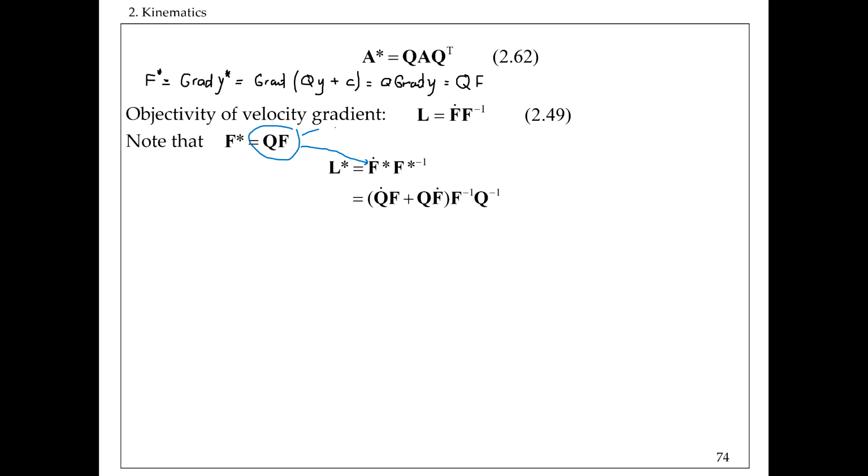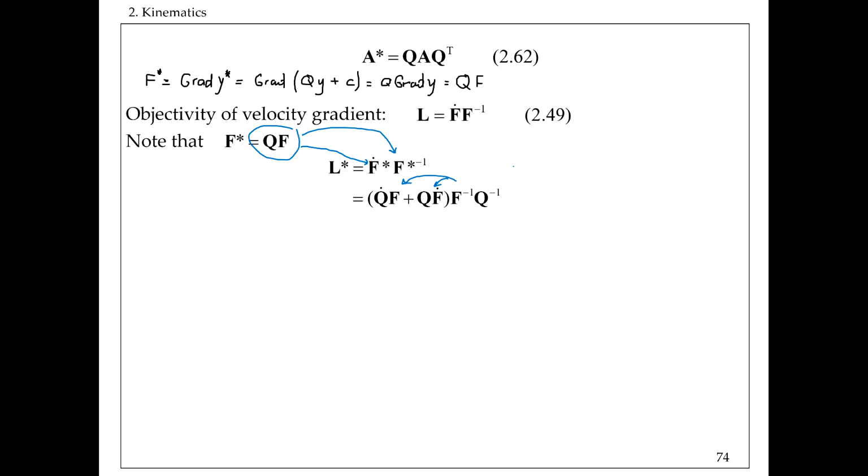Now, this is an inverse of QF, so we put that inverse everywhere here, but we don't forget to change the order of multiplication. So QF inverse will be F inverse multiplied by Q inverse. With that we can go ahead and apply it on these two terms.